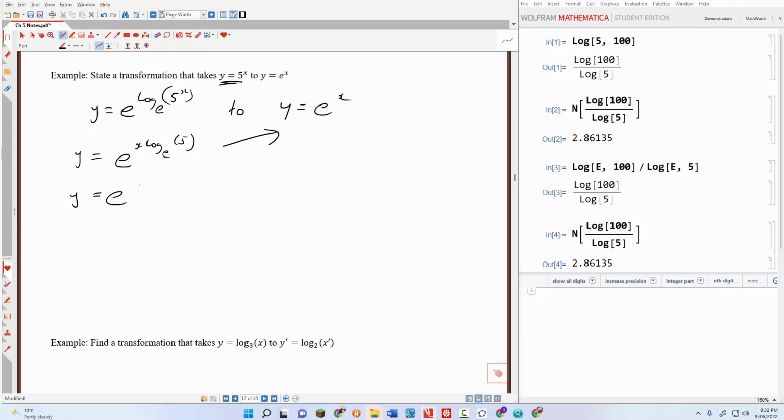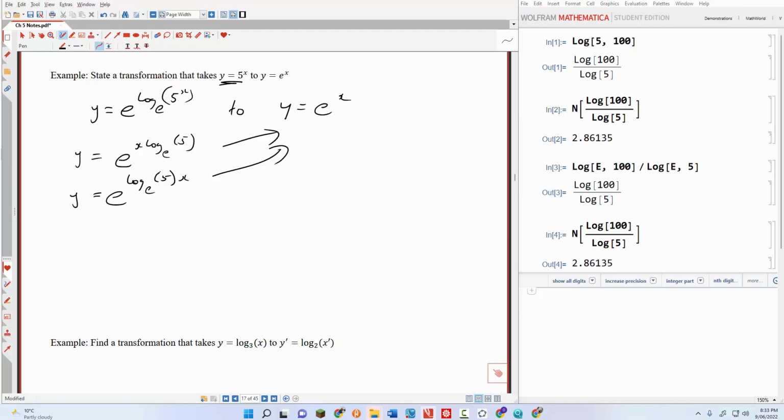Y equals e to the log e5 x, to this function here. Remember this law here, log and e basically undo each other, which is just the same as y equals 5 to the x. So I've basically, if you want, unsimplified it to allow this all to happen.